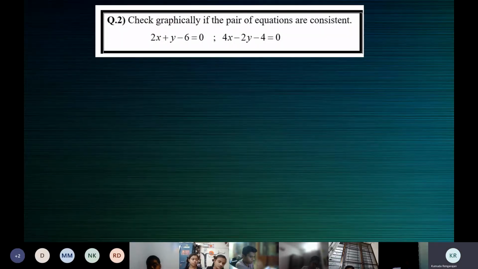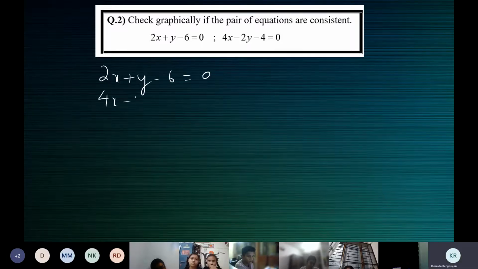We check algebraically if the equations are consistent. This is graphically. How do you check algebraically? See, 2x plus y minus 6 is equal to 0. 4x minus 2y minus 4 is equal to 0. What is A1, children? 2.